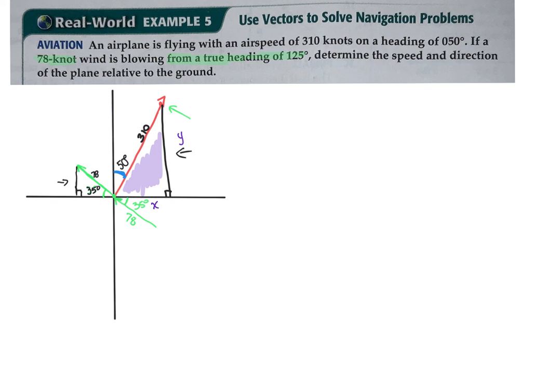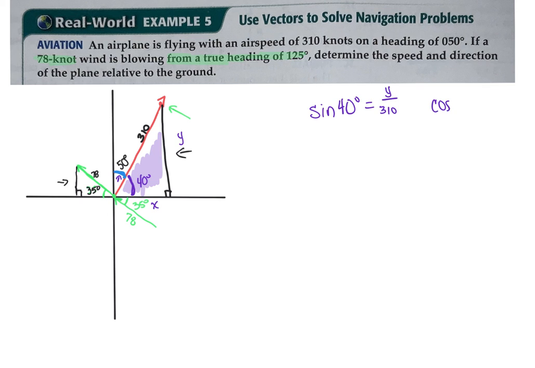Well, if this angle is 50, I really need my angle that's inside my triangle. What is it? 40. Why do you know that? Because it's a 90, and I know 50 of it. So the other part of it must be 40 degrees. So I'm going to use SOHCAHTOA based on that 40-degree angle. And so the sine of the 40-degree angle should equal my Y movement over my 310.